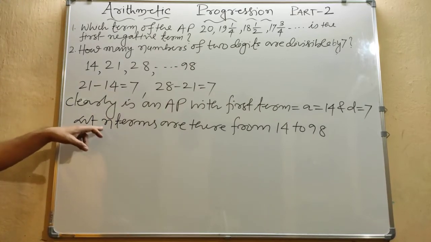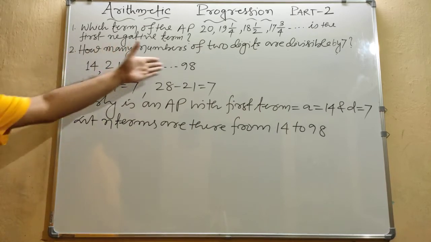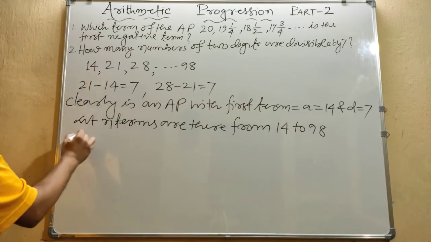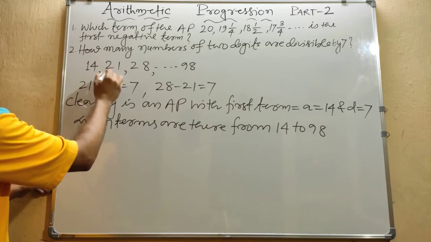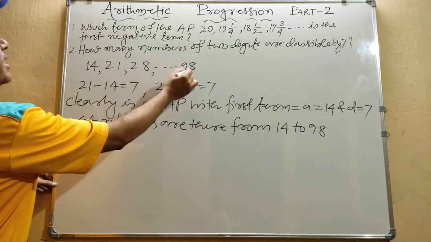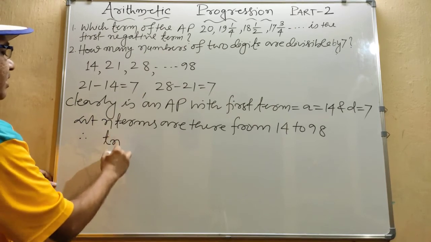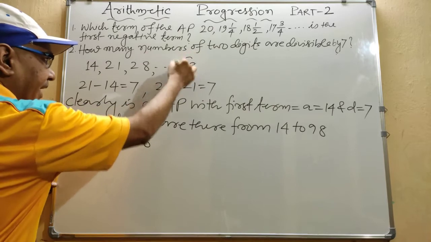So we have to calculate n. Whatever n comes, that gives you the number of 2-digit numbers which are divisible by 7. Okay. So if 14, 21, 28 up to 98, how many terms are there? n. If n terms are there and the last one is 98, this will be your nth term.